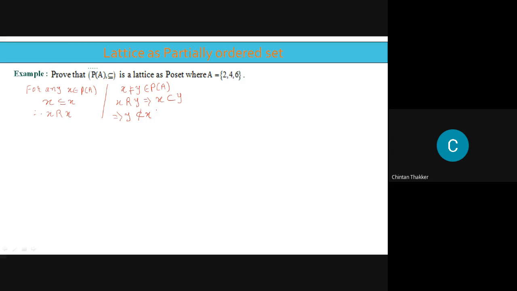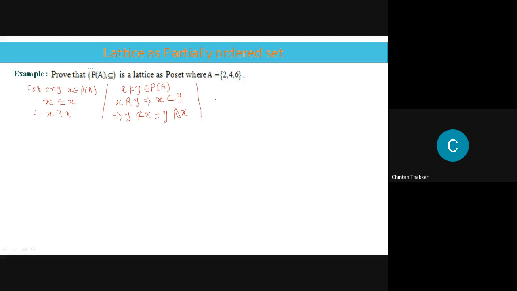So x is smaller than y, and y cannot be a subset of x. So y is not related to x. So it is anti-symmetric.